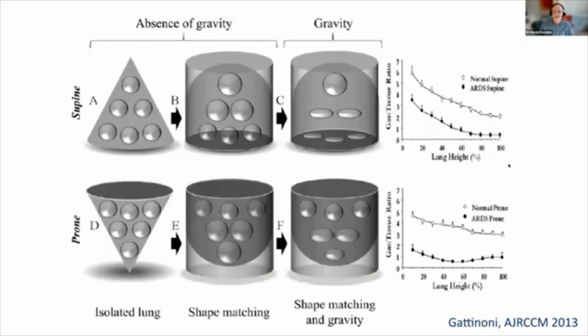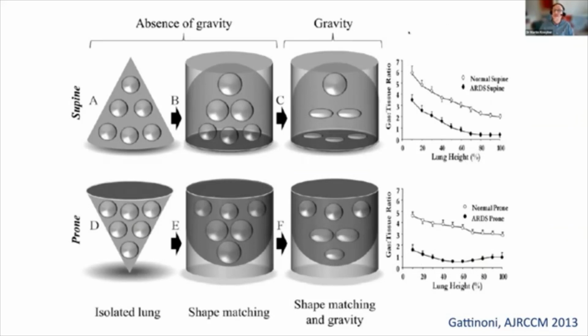And this is nicely shown in this study from Gattinoni, where they calculated the gas tissue ratio in patients who were supine and then who were subsequently moved into prone after some time, when the shape matching and the gravitational effects were accounted for.